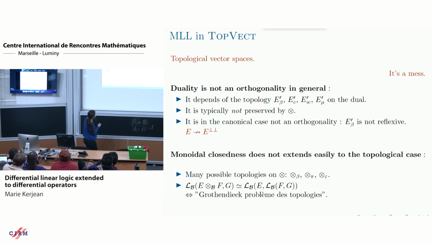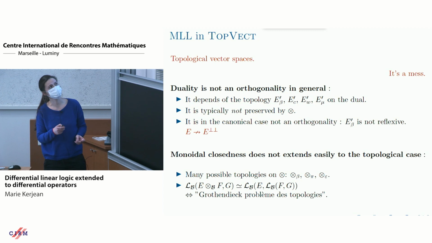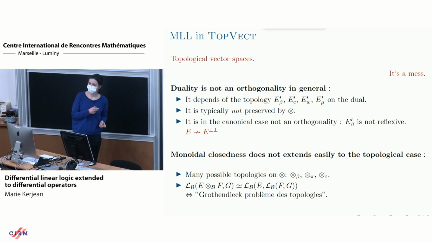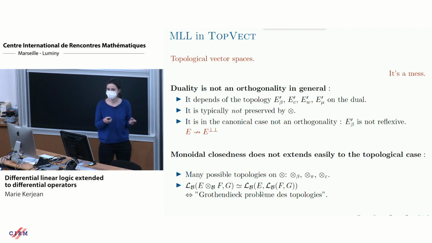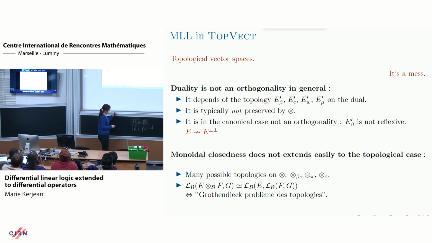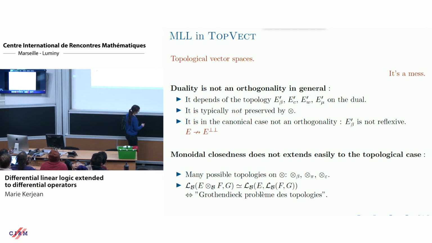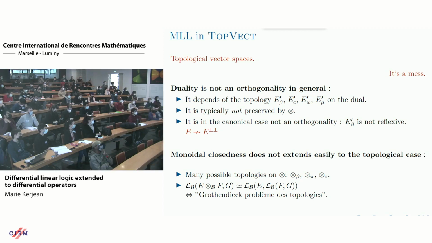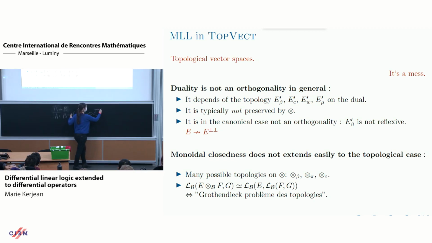The most important point here being that the duality is not an orthogonality. So maybe you remember from yesterday's talk, he said that duality is interpreted as an orthogonality, which means that whenever your space is not reflexive, that's okay, you just have to interpret it as its double dual.